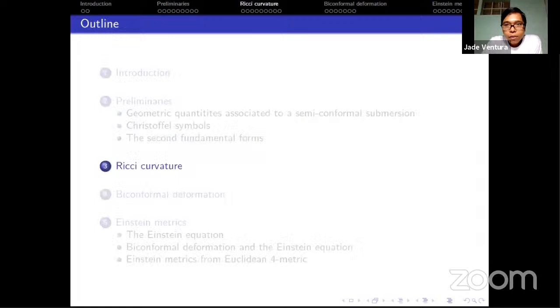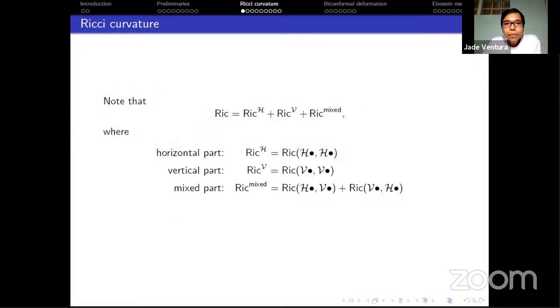So for the computation of the Ricci curvature, the first main part of the work, we simply note that the Ricci curvature is decomposed into three addends: the horizontal part, which is H, the vertical part, which is V, and the mixed part, which is mixed.